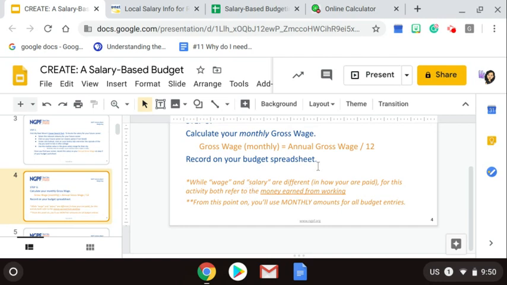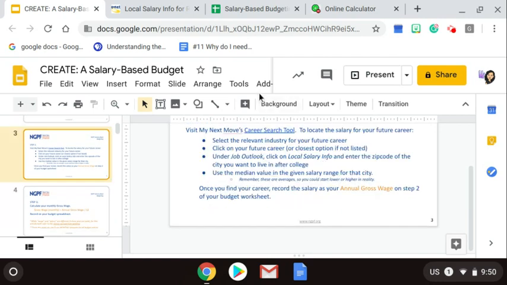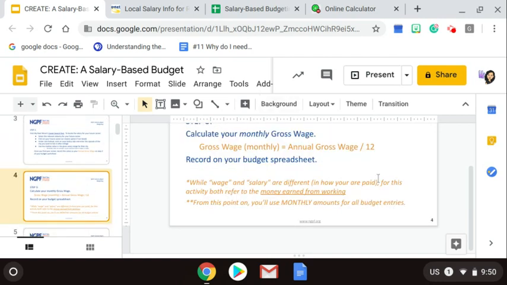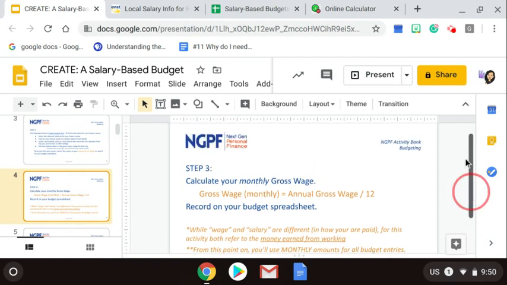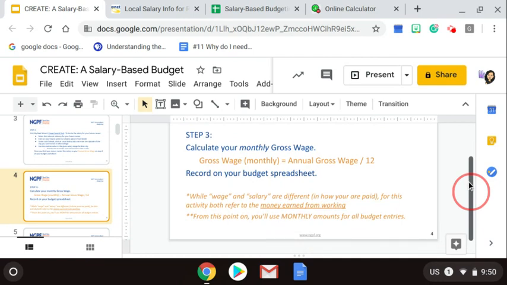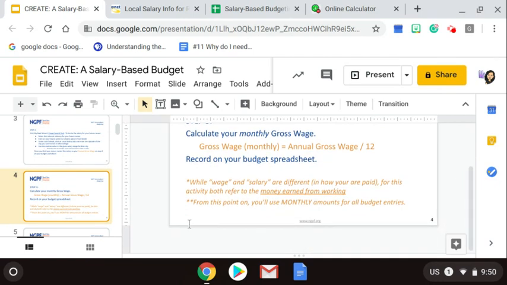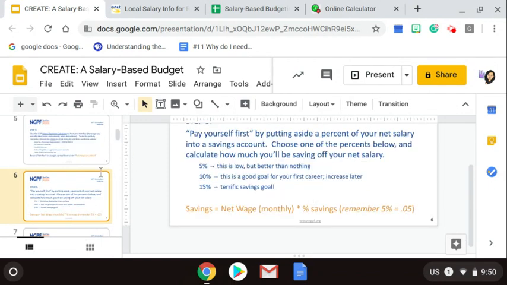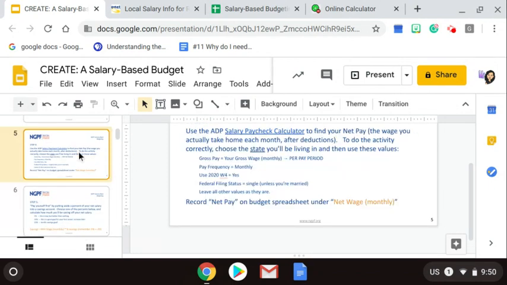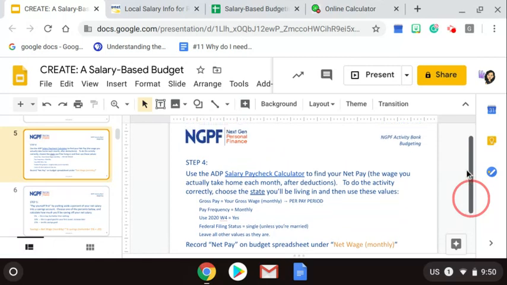Now here we're going to calculate the monthly. That's our next goal. Step 3, we're going to calculate how much we're going to make every month. Here we're going to look at this calculator.